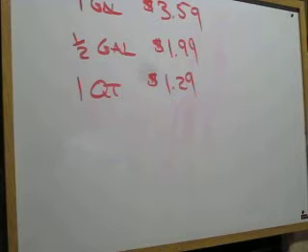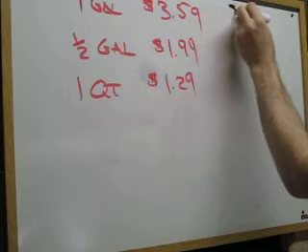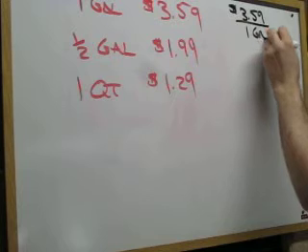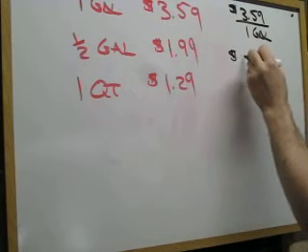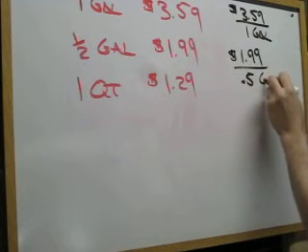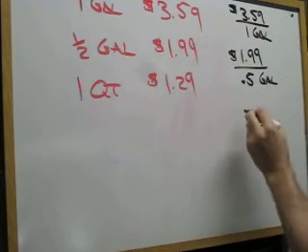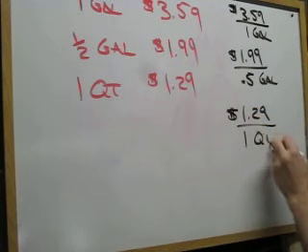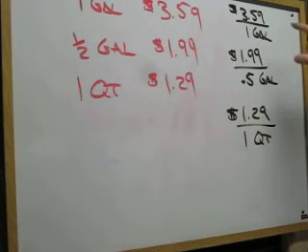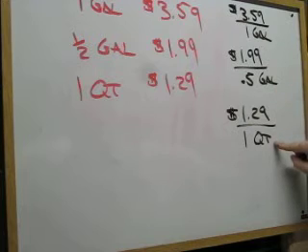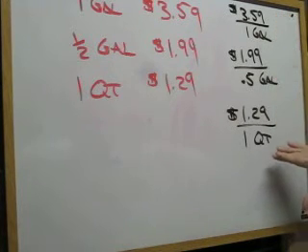The way our ratios are going to look for this is our $3.59 is going to be, put a dollar sign up there, and that's our unit per 1 gallon. Then we've got $1.99 per 0.5 gallons, half a gallon, and we have $1.29 per 1 quart. We can't compare these because we have a gallon here, but we have a quart here. So we're going to have to make all 3 of these the same.